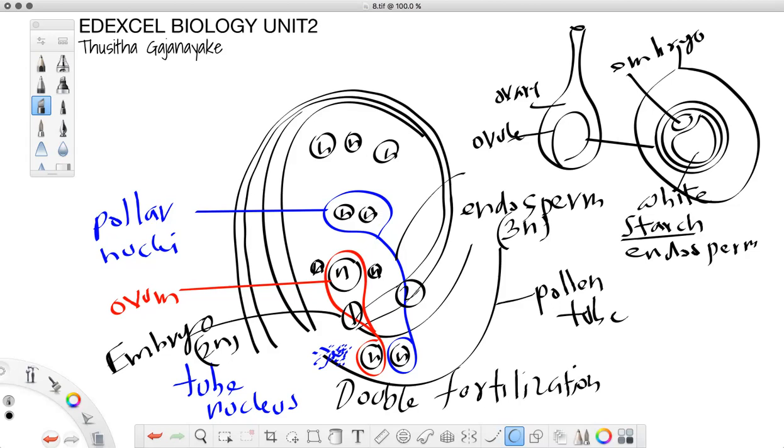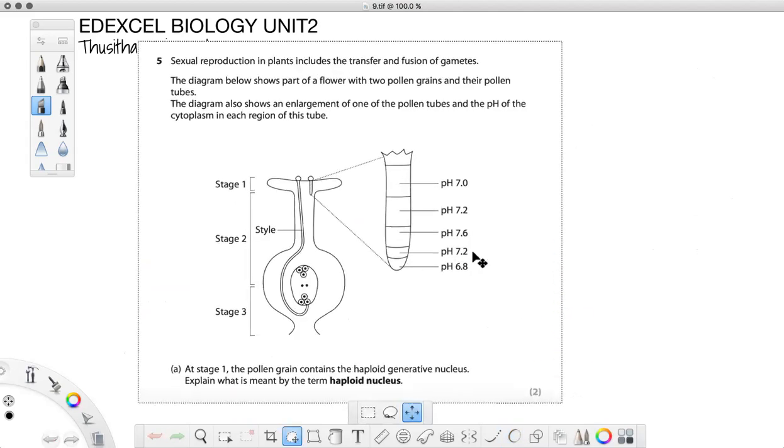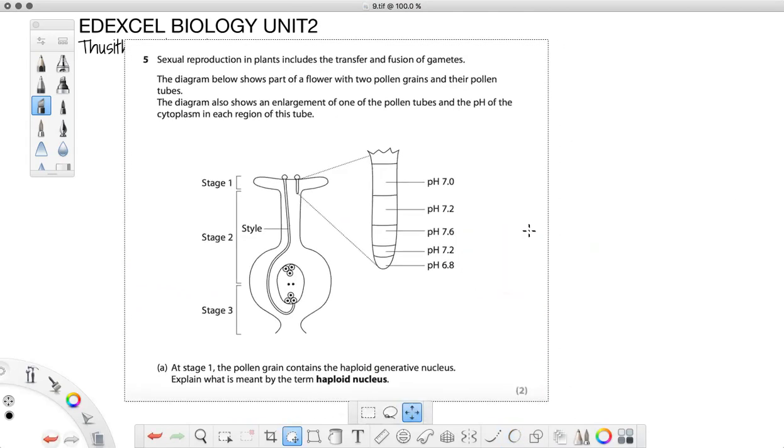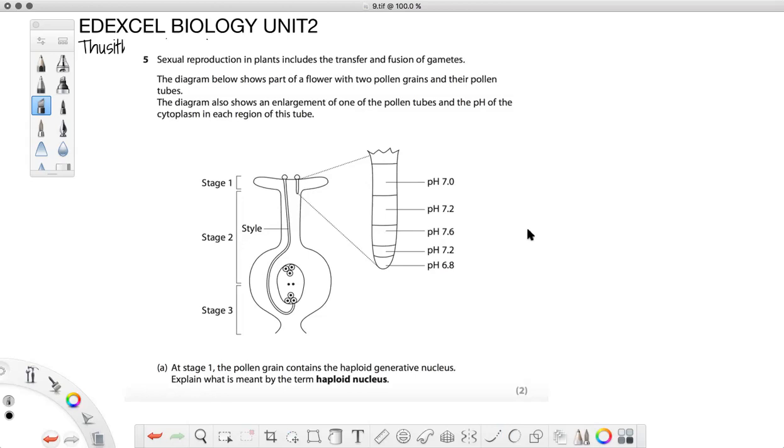Right. We have a question from this section. It is like this. Sexual reproduction in plants includes the transfer and fusion of gametes. The diagram below shows part of a flower with two pollen grains and their pollen tubes.